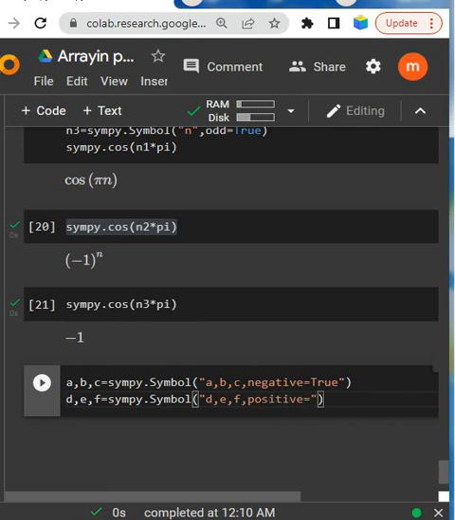Both have been created and we can easily print.